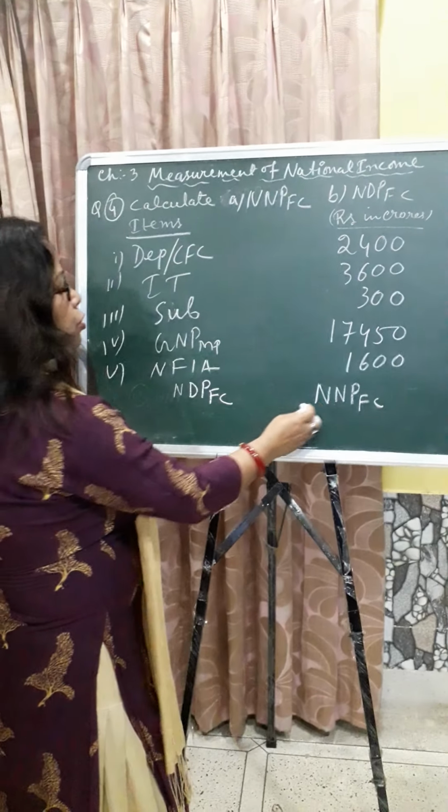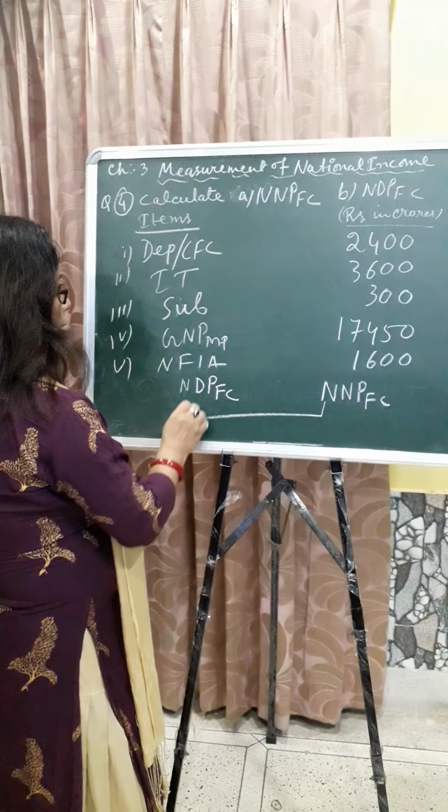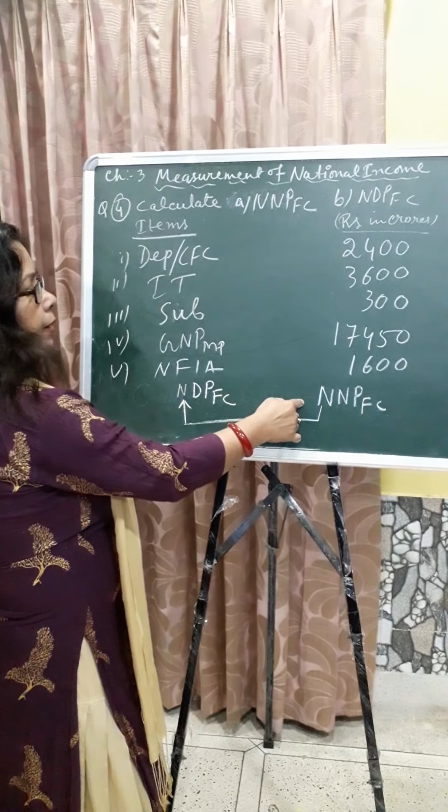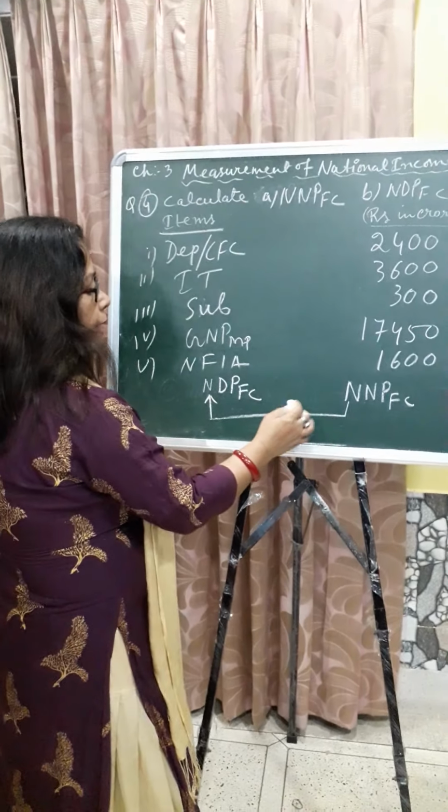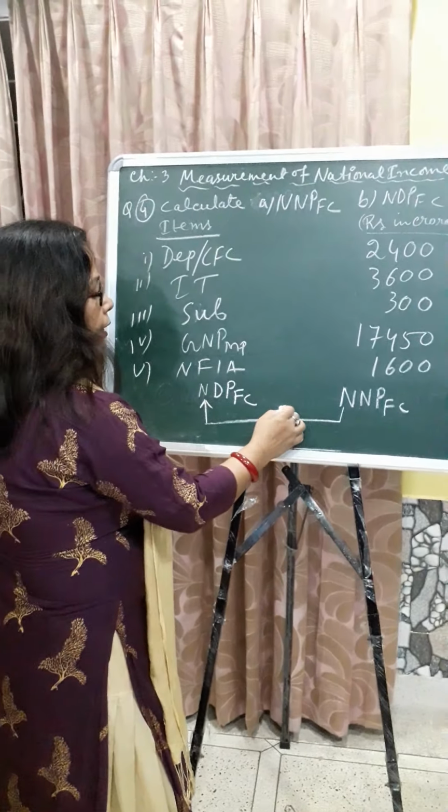From NNPFC: net to net, nothing. National to domestic, so minus NFIA. Factor cost and factor cost are the same. This is the step.